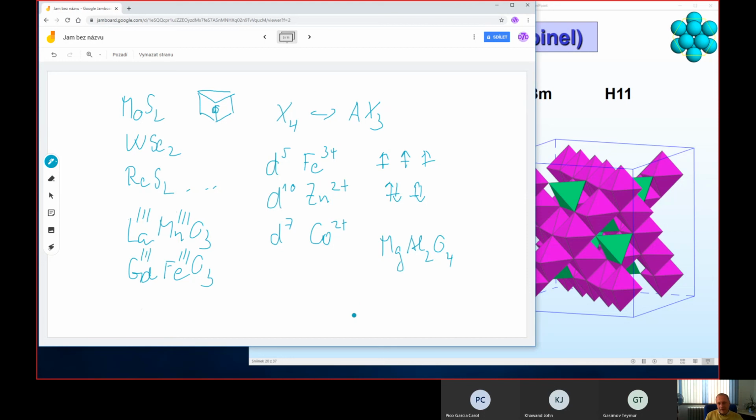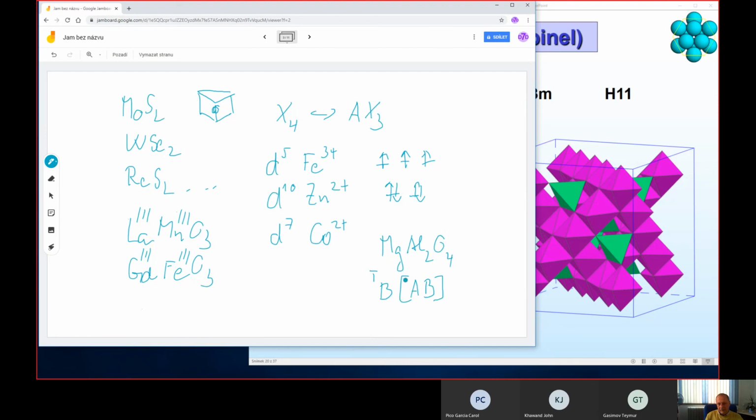But there are some spinels which are completely inverse, where one atom B is in tetrahedral position, and we have a mixture of atoms A and B in octahedral position.